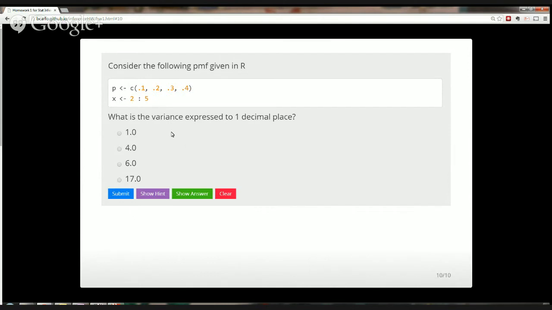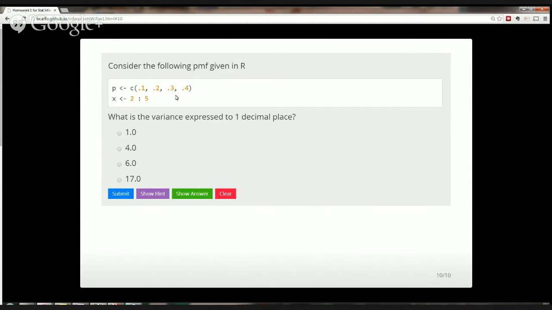Okay, so let's look at this distribution right here, and we'll do it in R. So the probabilities here in this case are 0.1, 0.2, 0.3, 0.4.